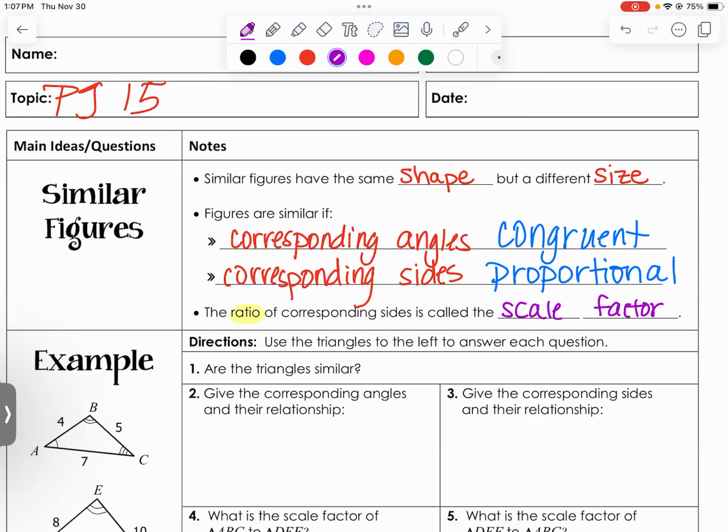Hey, what does it say on this paper? What were we solving? Oh, we were solving proportions. So what do you think proportional has to do with? Proportions is in proportional. Like maybe some fractions that are equal. Just a thought.